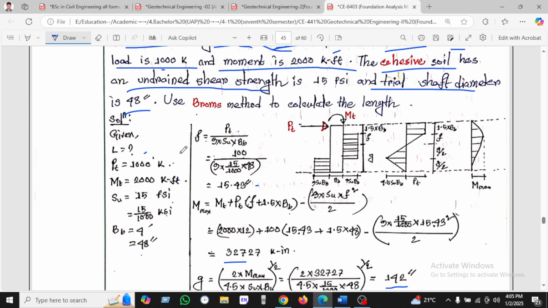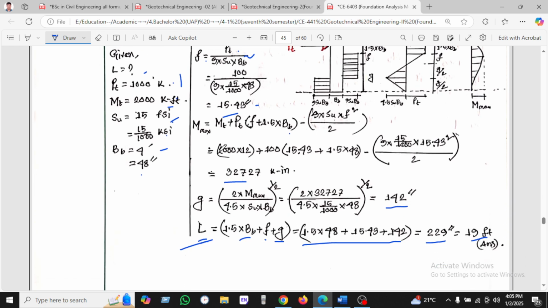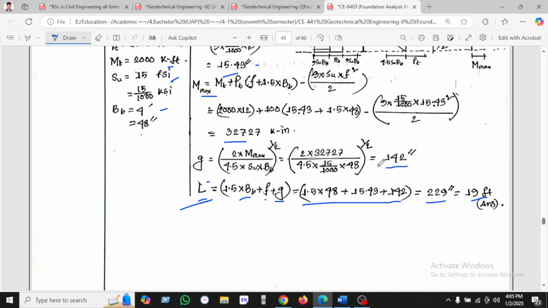So we have all the data: P, M, T, Su, B are given, and f is found 15.43, and Mmax using this formula is found 32727 kip inch square, and g is found 142 inch square, and for the length we put in these values, 1.5B plus f plus g, and found 229 inch, which is 19 feet. Okay, so let's see another example.